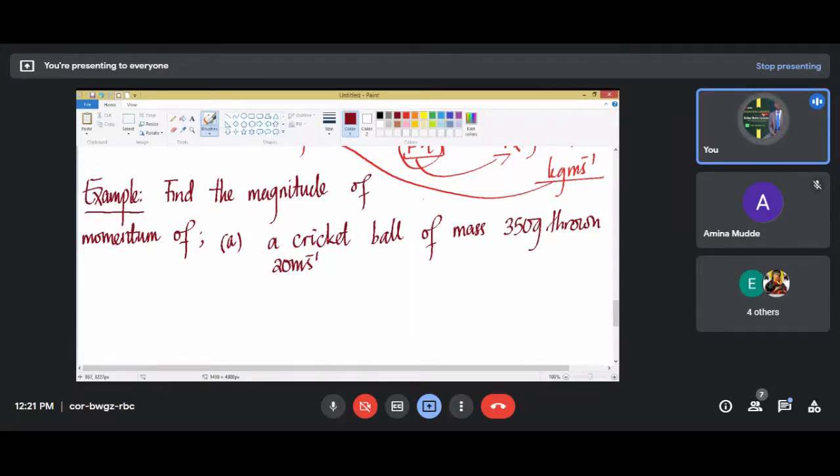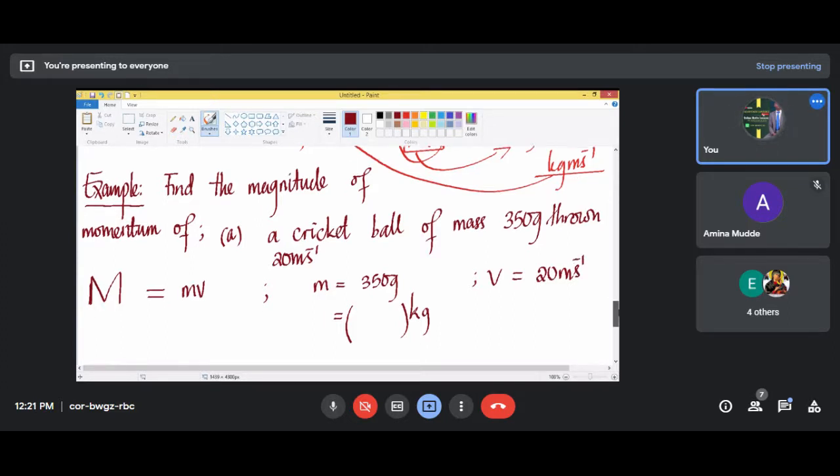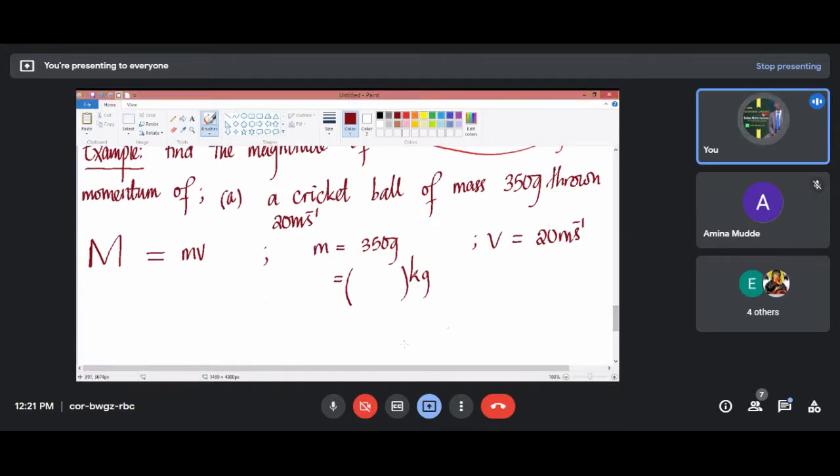You know its mass, you know its speed. So the momentum is mv, but our m is 350 grams. Change it to kilograms straight away. Then leave the speed as it is in meters per second, because we believe that can bear the same unit, kilogram meters per second.